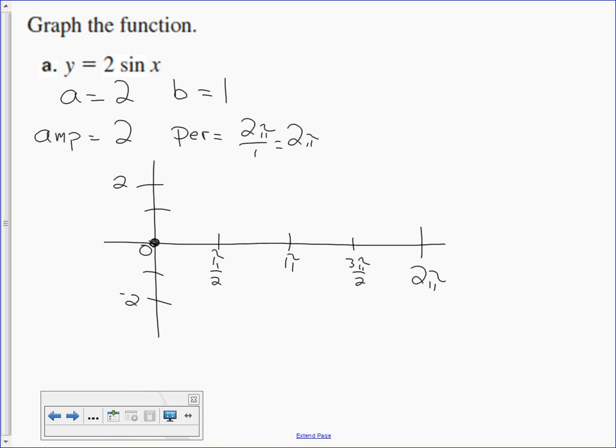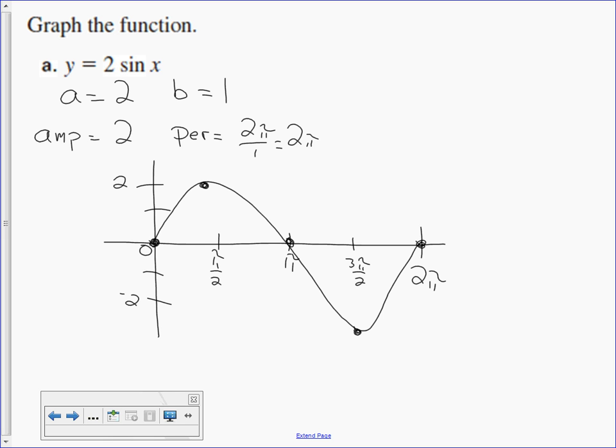So now, with the sine curve, it starts at 0, and it goes to your A value, goes back to 0, goes to the negative A value, and back to 0. It's still the same exact curve. It's a little bit taller.